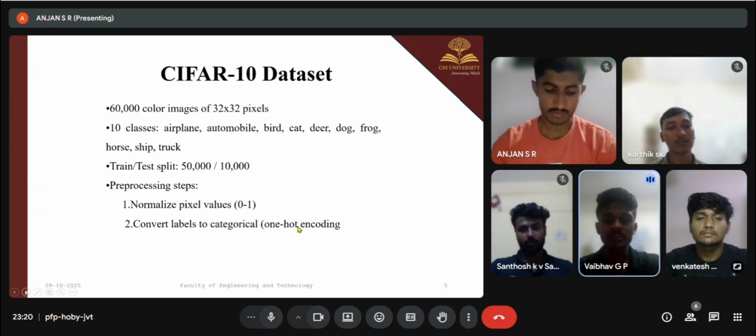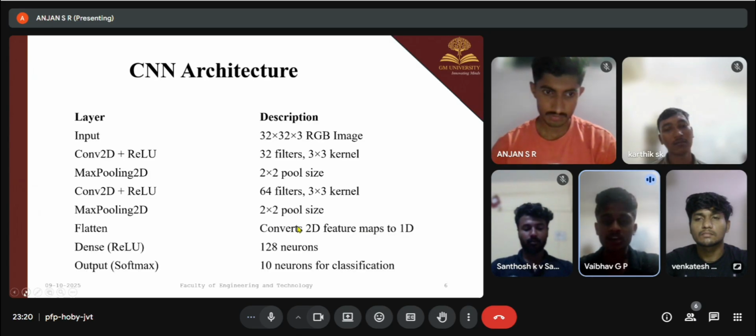Before feeding images to the CNN, we applied basic preprocessing steps: normalization, which scales pixel values between 0 and 1 to ensure uniform input, and label encoding, which converts class labels into categorical form for multi-class classification. Overall, CIFAR-10 provides a balanced and challenging dataset for testing the efficiency of deep learning models like CNNs.